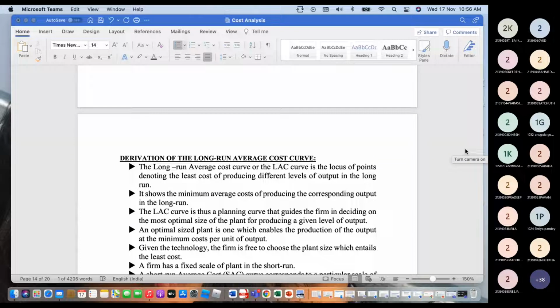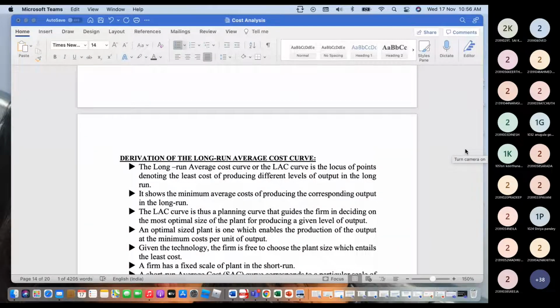That is why, if you remember, the AC curve is a U-shaped curve in the short run. First the costs are going to decrease, because more and more labor is being employed on the fixed factor of production, and the fixed factor is used more efficiently. When the returns are more, the cost is going to be less. When the returns are less, the cost is going to be high.